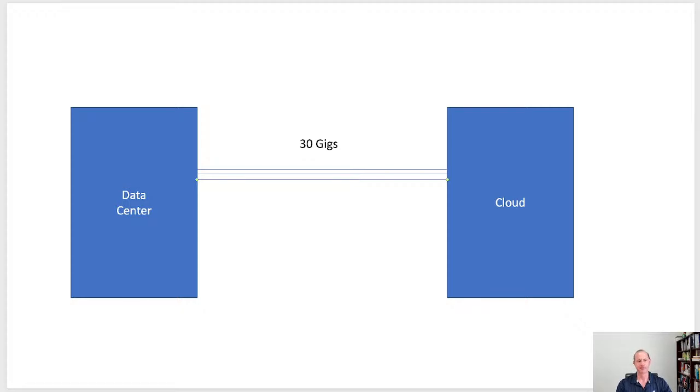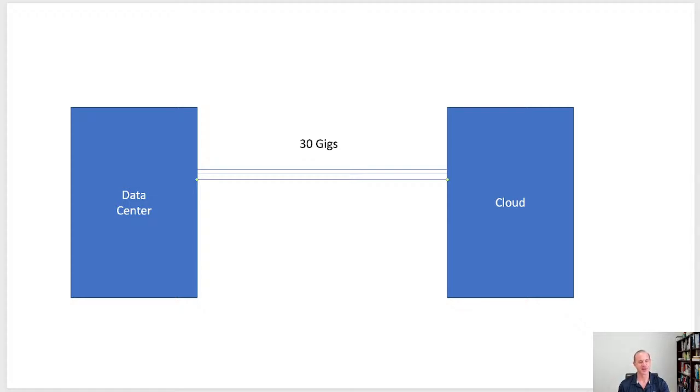So, you got it. 3 links bundled together in a link aggregation group. Perfect. So, if I need 30 gigs primary connectivity, am I going to survive on a 1 gig backup link? If I need 30 gigs, can I survive on 1?